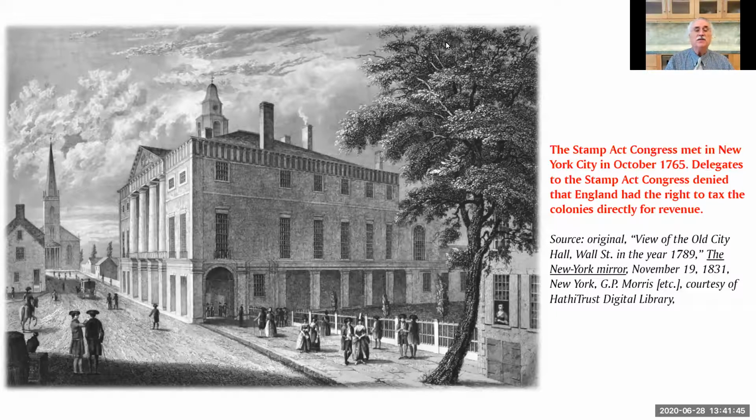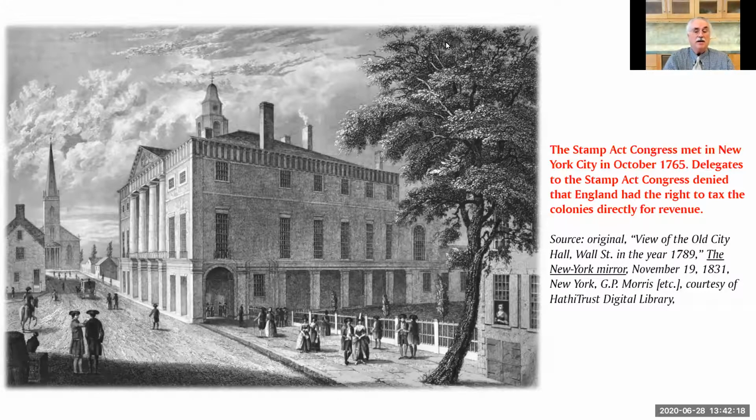As a result of the Stamp Act and the riots, delegates from 9 specific colonies sent representatives to the Stamp Act Congress that met in October 1765. This is the building in Lower Manhattan, not far from the New York Stock Exchange today. This exact building is no longer standing, but a replacement building is there, on the site of the old City Hall.